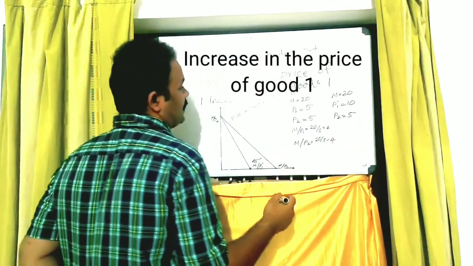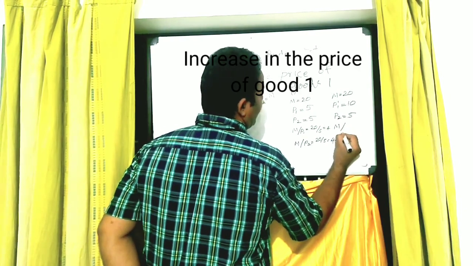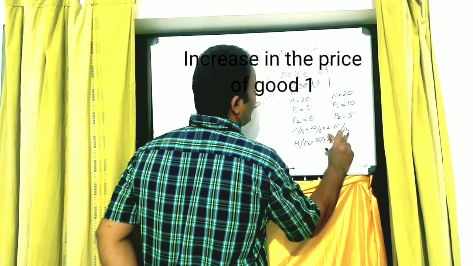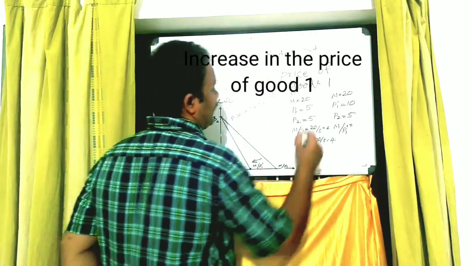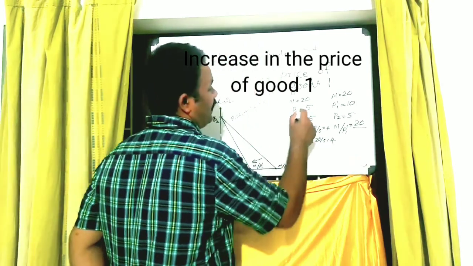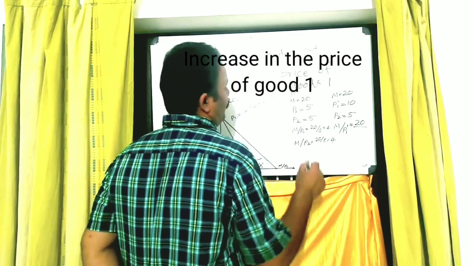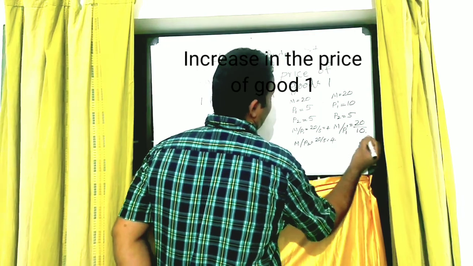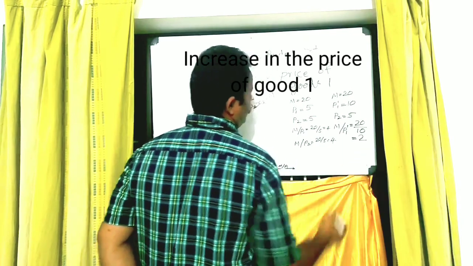Then we can find out the horizontal intercept M by P1 dash. M, there is no change in M, that is 20. P1 was 5. When the price of good 1 increases, P1 dash will become 10. Then 20 by 10, our new horizontal intercept, that is 2.